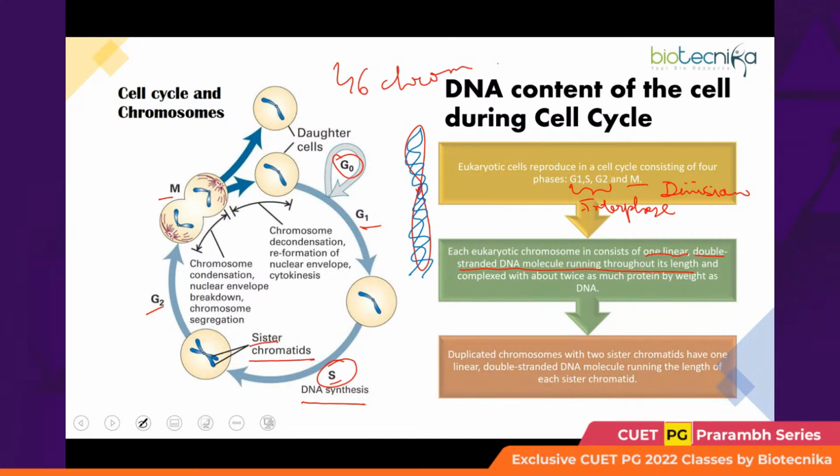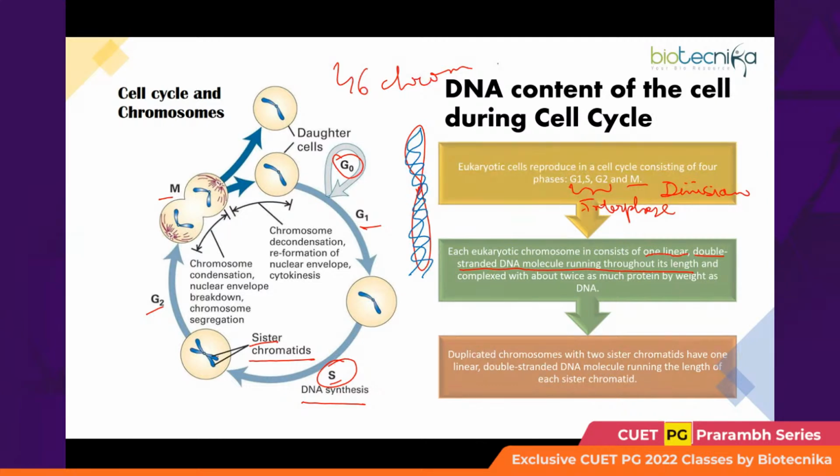The nucleotide sequence of the sister chromatids will be identical because they are formed from the other strand only, right? So after the S phase, each chromosome has two sister chromatids, and each sister chromatid will have one DNA molecule from top to end.